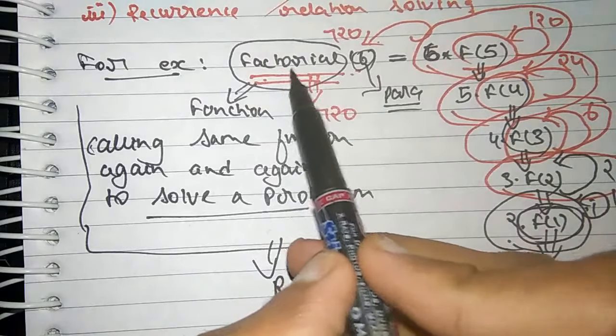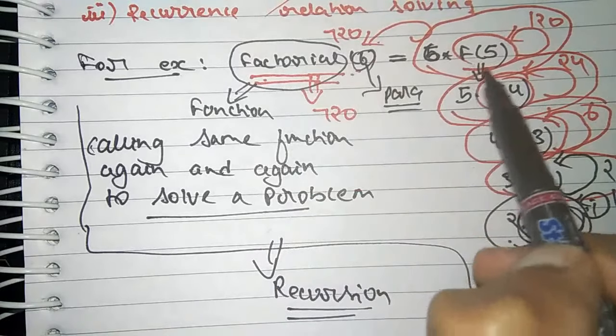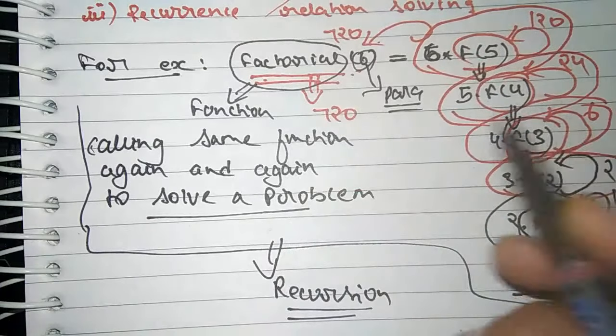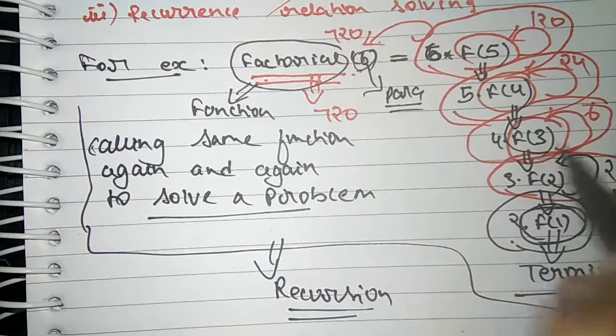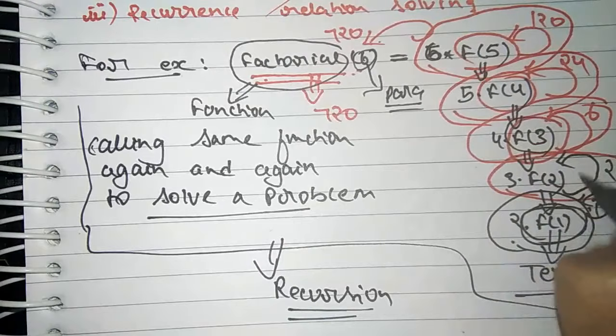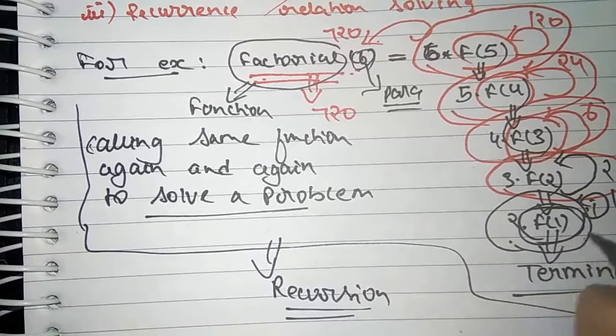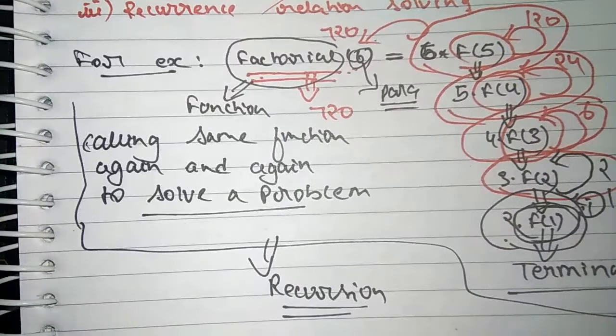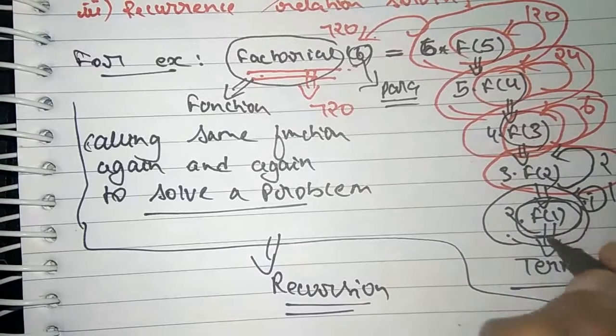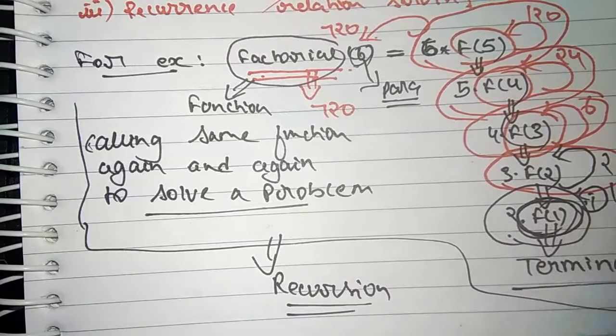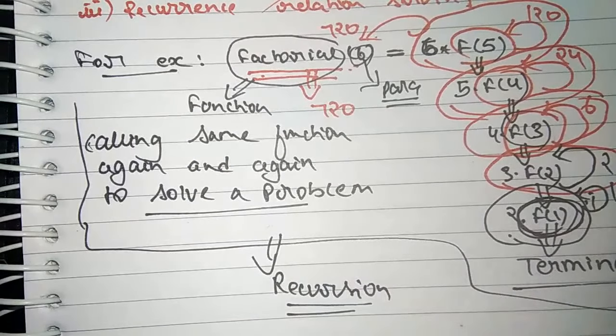Factorial 6 will call factorial 5, factorial 5 will call factorial 4, factorial of 4 will call factorial of 3, factorial of 3 will call factorial of 2, factorial of 2 will call factorial of 1. So factorial of 1 will be solved first. Factorial of 1 is nothing but 1.